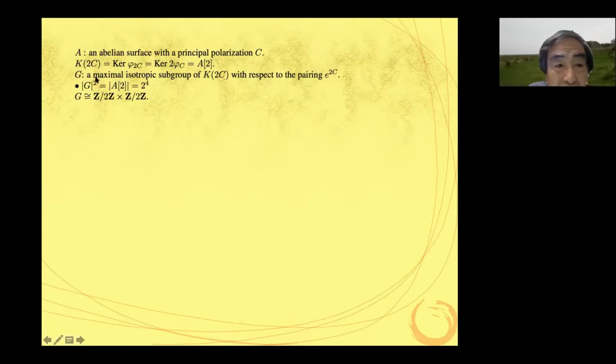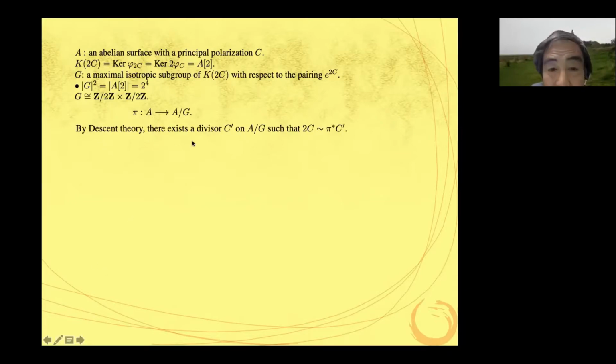And we consider G. We take a maximal isotropic subgroup of K2C with respect to this pairing, and we denote it by G. Then the order of G is the square root of the order of the full group, and the full group has order 2 to the 4th, so G is isomorphic to Z over 2 cross Z over 2. So we get the Richelieu isogeny.